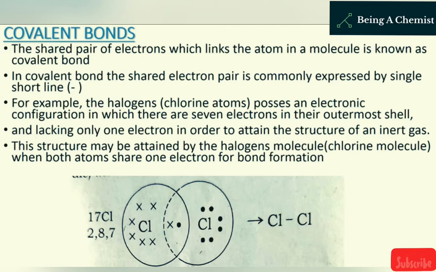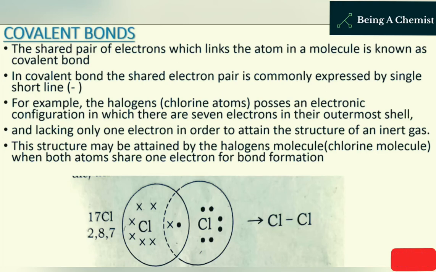For example, the halogens, that is chlorine. The chlorine atom, taken as an example, possesses an electronic configuration in which there are 7 electrons in its outermost shell. As you all know, the atomic number of chlorine is 17.